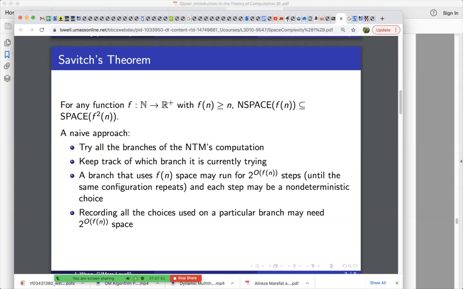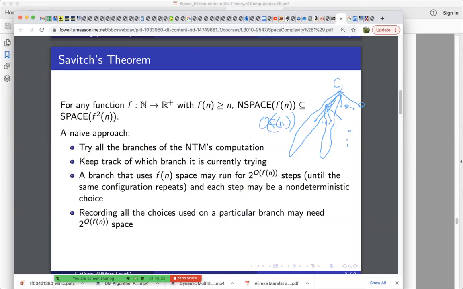We start from the initial configuration, and then you may have different possibilities to go to the next configuration, and the next, and so on. Each of these is a computation. We know that the space for each branch is at most big O of f of n. That's for each branch. So now we try all the branches of the non-deterministic computation.